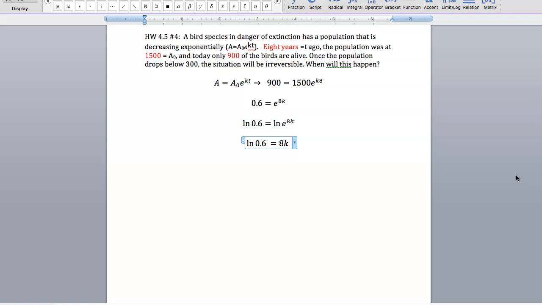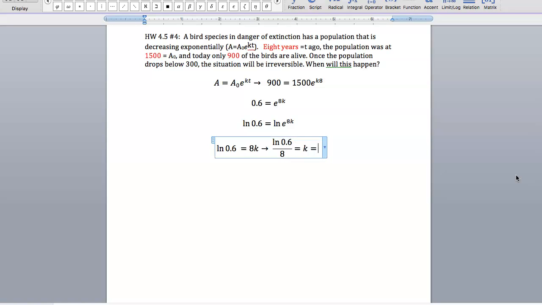Actually, once we get to here, we almost have found k. Last thing left to do is divide by 8. So I have natural log of 0.6 divided by 8, which you can do on a calculator. That's k.